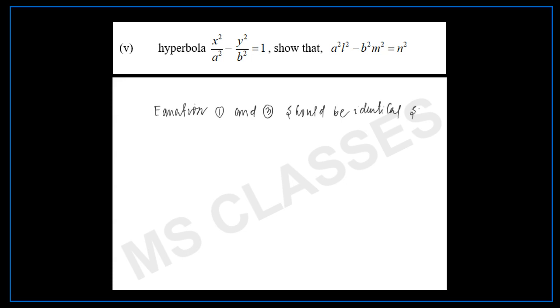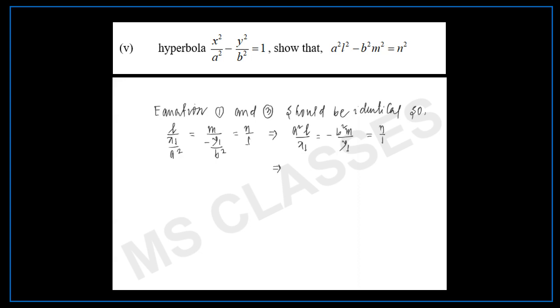So on comparing the coefficients we get L by x1 by a square equal to m by minus y1 by b square equal to n by 1. Now on further simplification, a square L by x1 equal to minus b square m by y1 equal to n by 1.